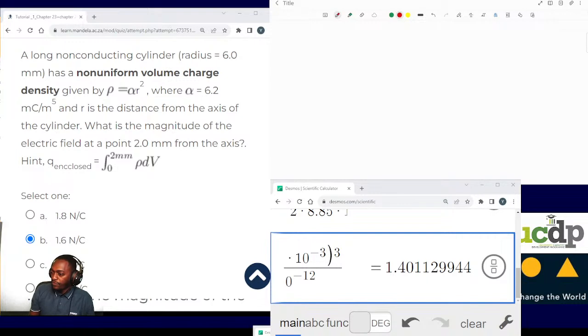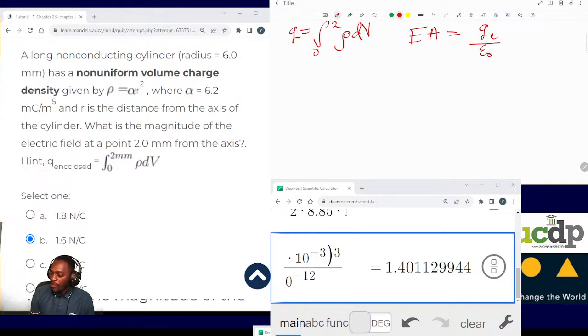I put an illustration. Okay, you are given a hint, right, to say Q is equal to the integral of rho dV. Then we know that EA is equal to charge enclosed over epsilon naught.